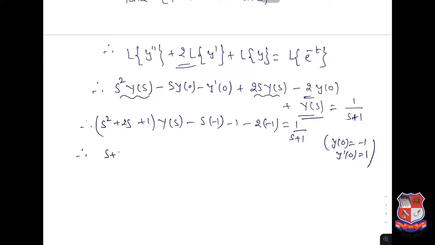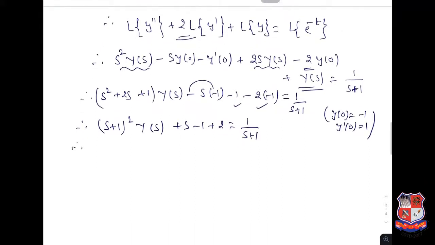This is s plus 1 square Ys is equal to minus, this is plus s, this is a minus 1 and this is plus 2. So, this is minus 1 plus 2, equal to 1 over s plus 1. So, therefore, s plus 1 square of Ys is equal to 1 over s plus 1, then this s on the right side, so it is minus s, and this plus 1 on right side is minus 1.